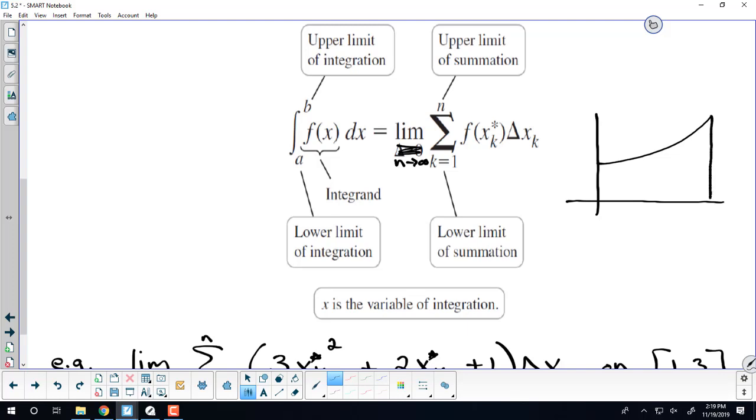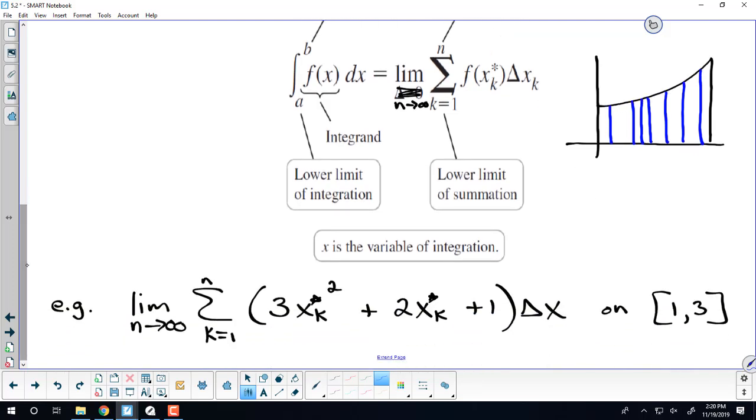But if we're finding the area here, for instance, these rectangles don't necessarily have to be the same width. We can still approximate the area using differently spaced or different thicknesses for those.